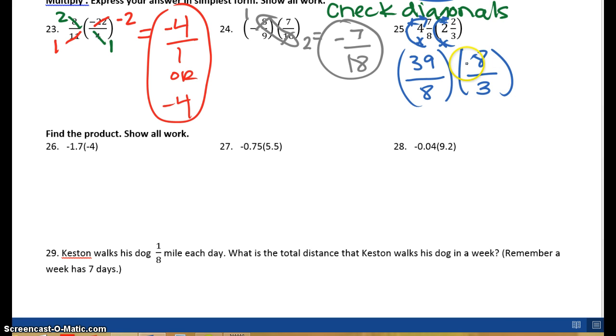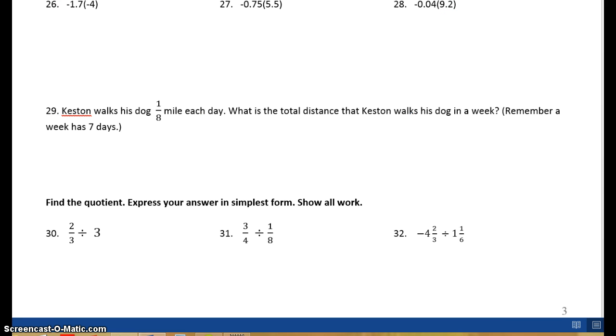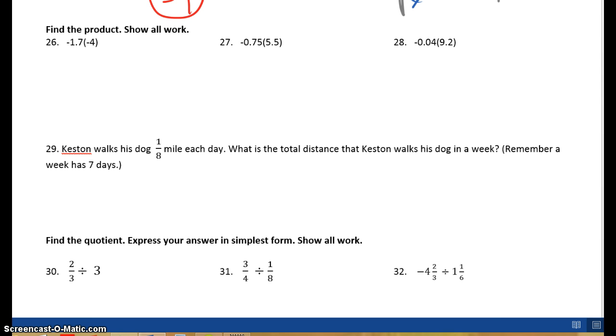Keep that denominator 3. Now I can see 8 and 8 cancel, so I get 1 in both of those spots there. And 39 and 3 have a common factor of 3. So 39 becomes 13, 3 becomes 1. Multiply across, and we just get 13. That's our final answer.